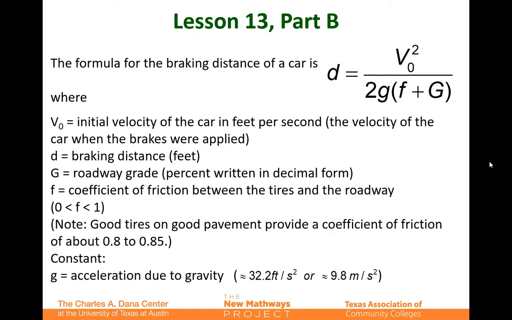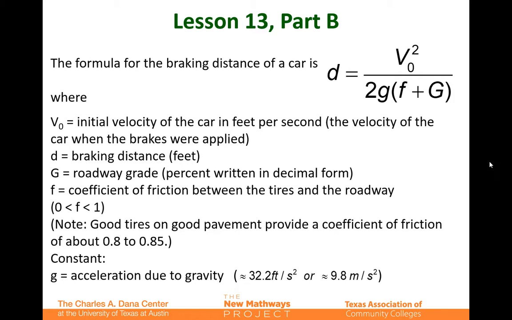All right, so here is our formula for braking distance. And you can see it's a pretty complicated looking formula. It tells us that the braking distance is equal to V0 squared. Well, V0 is the initial velocity.